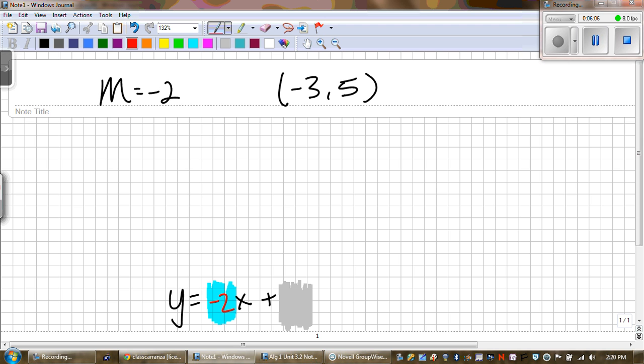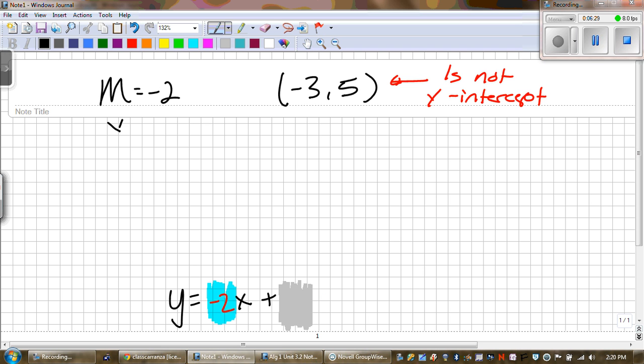They tell us it's -2. But this right here is not the y-intercept. So you can't write 5, or you can't write -3, or you can't even combine them and say, hey, maybe it's 2. You can't do it.